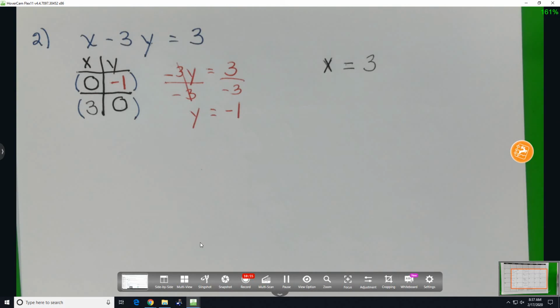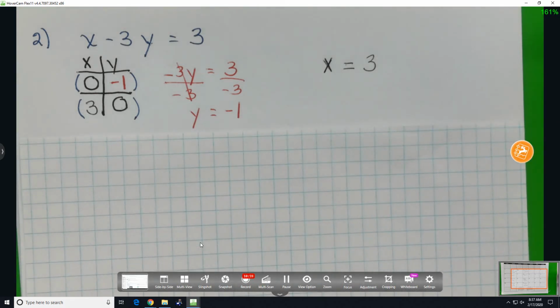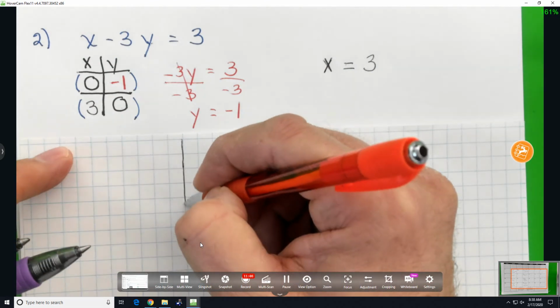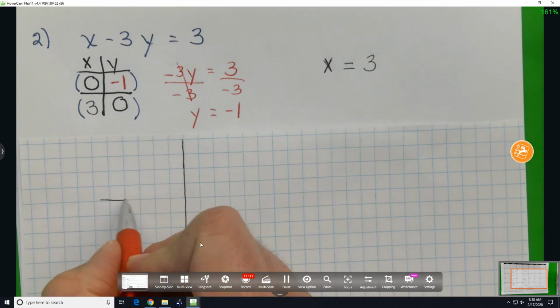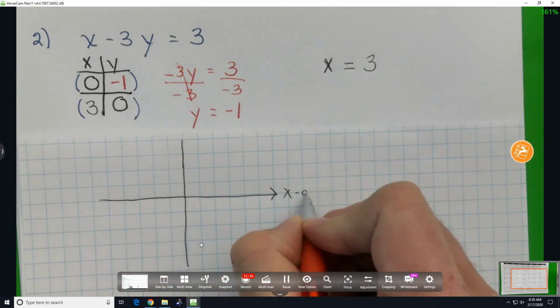And I think I'm going to graph this. It's just a multiple choice one, so if you're doing this as a homework, you can now look and see which one has these intercepts. I'm going to go ahead and draw it out. I'm going to sketch my y-axis and my x-axis. So here's the x-axis.